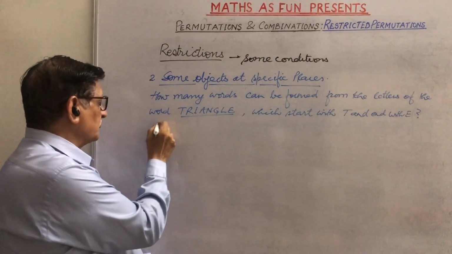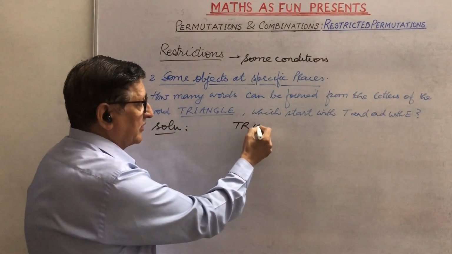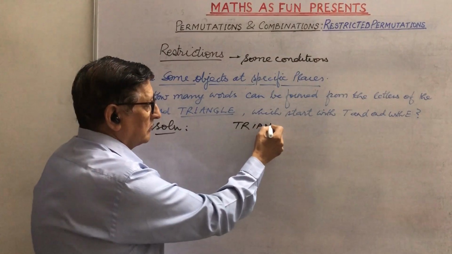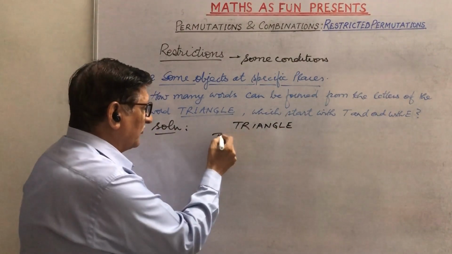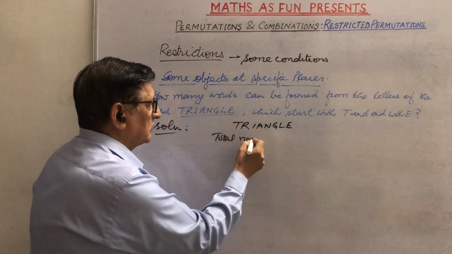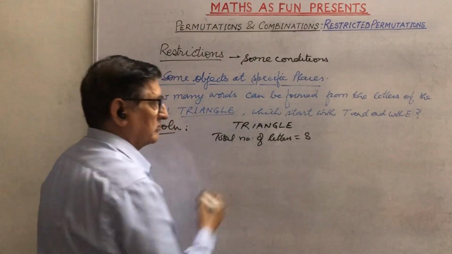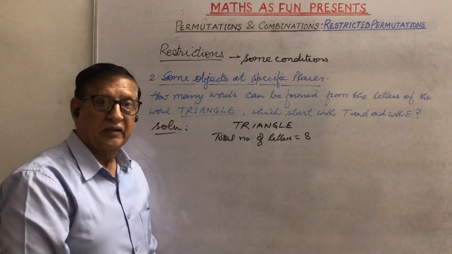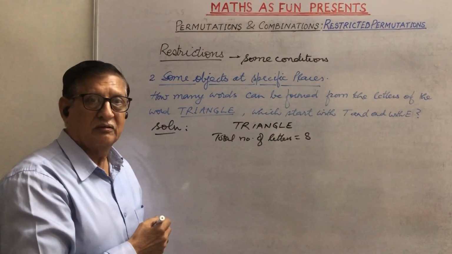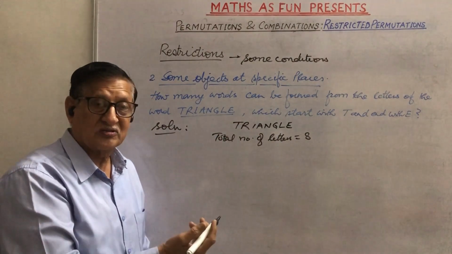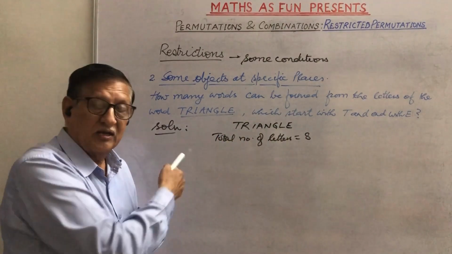For the solution of this, we know we have been given the word triangle. The total number of letters in this is equal to 8. And when they start with T and end with E, then we can see that we are to arrange only the remaining 6 in between them.